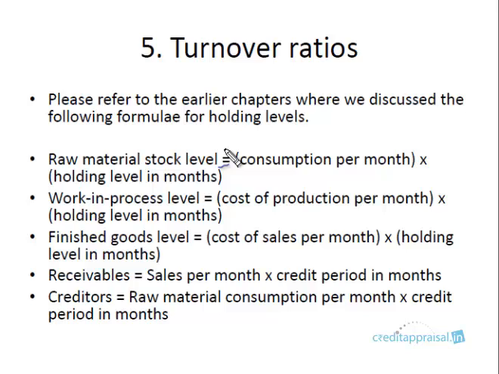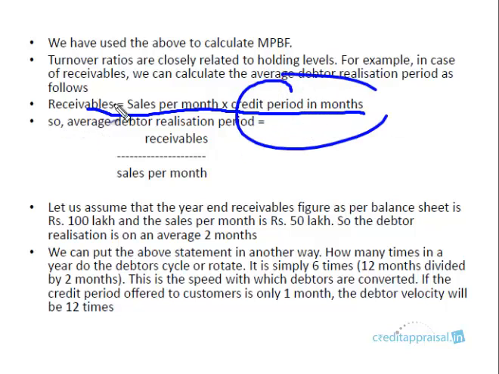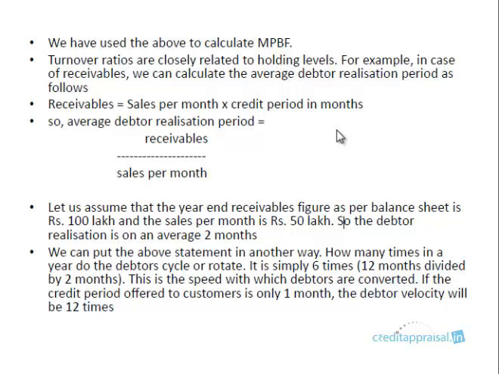When calculating turnover ratios, we just flip these ratios using the same formula. For example, receivables is sales per month into credit period in months. If you want a ratio called debtor realization, you just calculate receivables by sales per month, which will be the credit period in months.